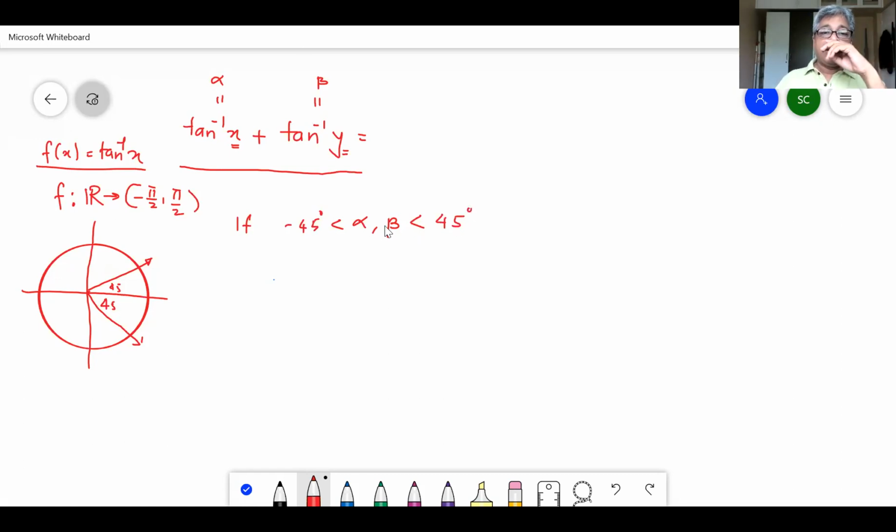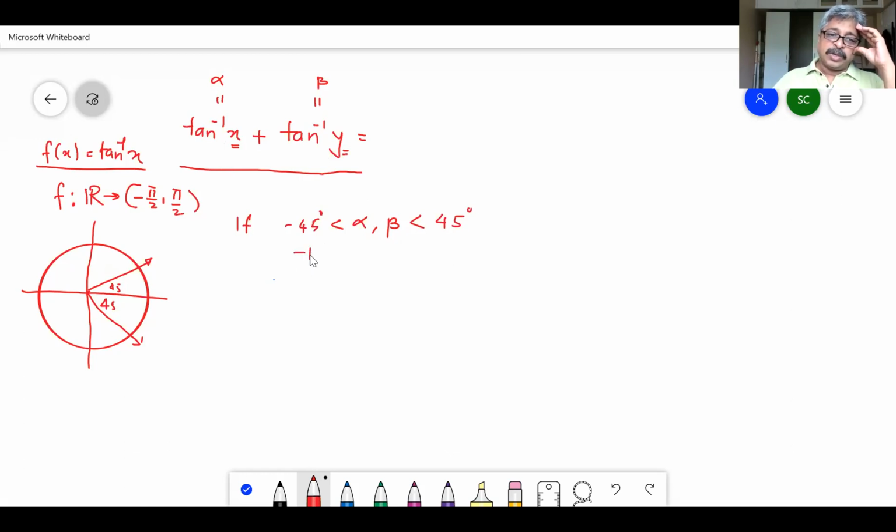But alpha and beta are not known. We will see the numerical values of x and y. So tan of alpha is equal to x. If x is 45, tan of alpha is 1, and if x is minus 45, tan of alpha is minus 1.